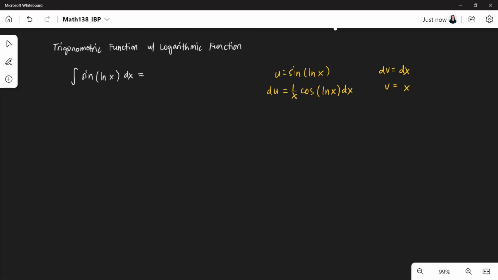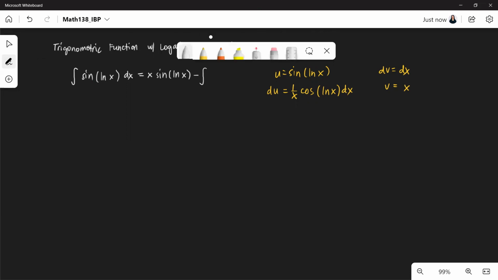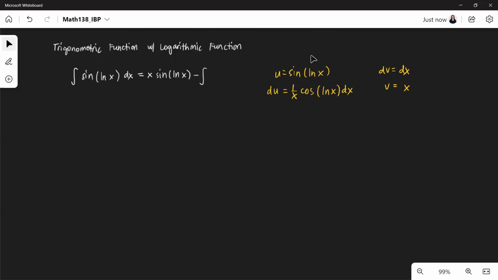So u times v. You start writing the algebraic function and then followed by the trigo function. So x times the sine of ln of x, then minus the integral of v du. So x times 1 over x cosine ln of x dx. Let me move this to the right because I need space.